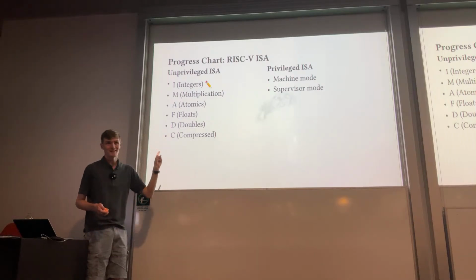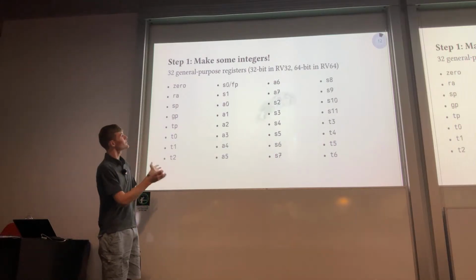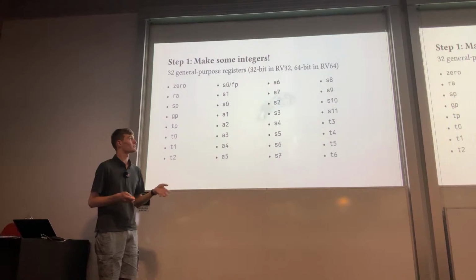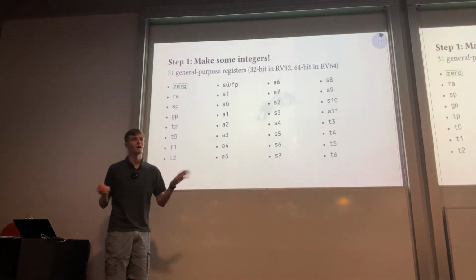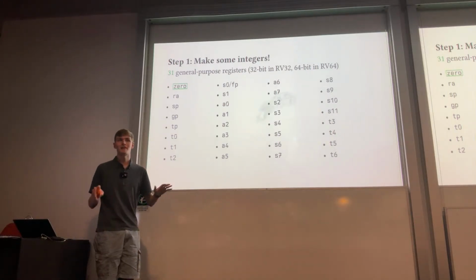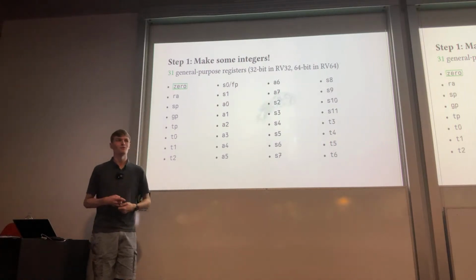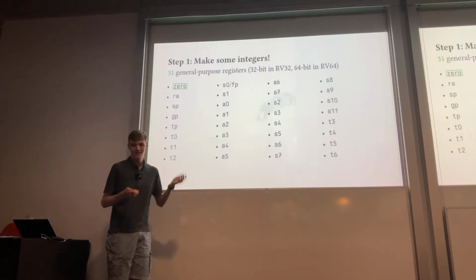The first thing we need is integers. RISC-V has 32 general-purpose integer registers, which are 32-bit or 64-bit, depending on the base architecture. And no, I lied. It's only 31, because the 0 register is hardwired to be all zeros all the time, which is useful for instruction composability, and it's generally helpful to have a 0 in a register whenever you need it.